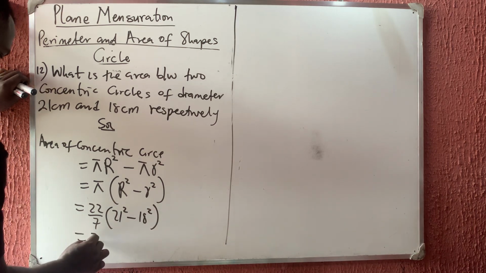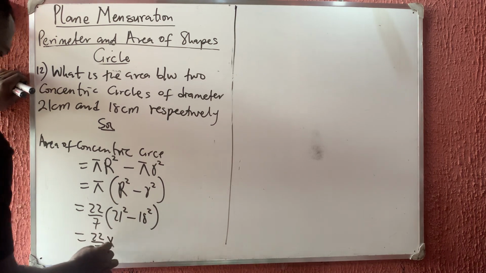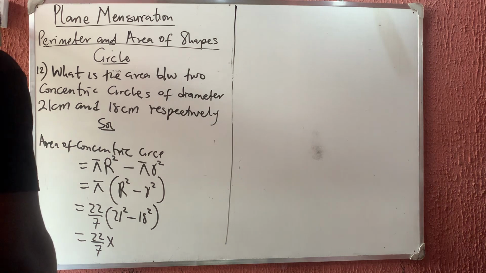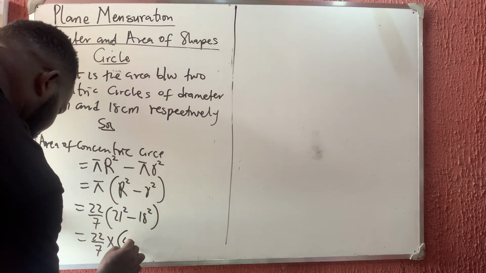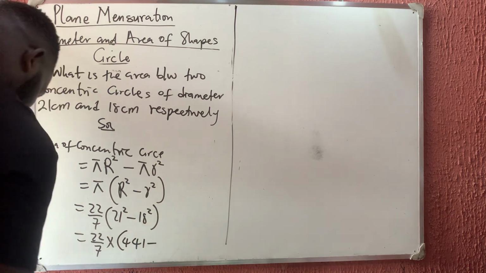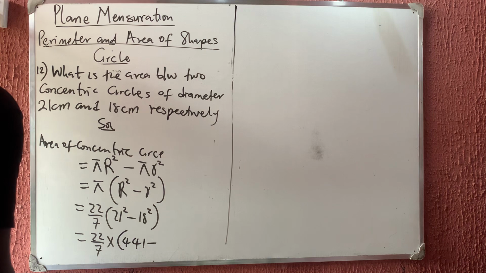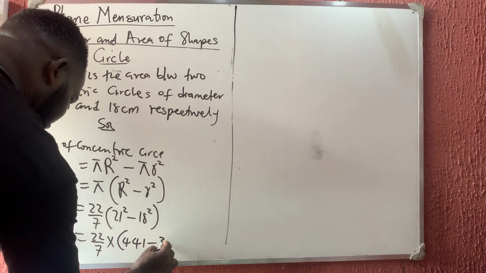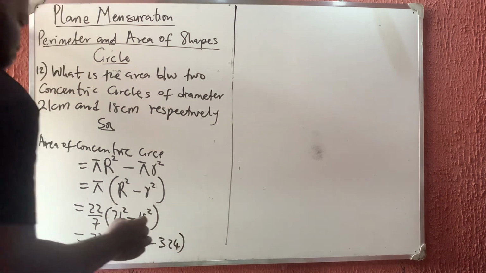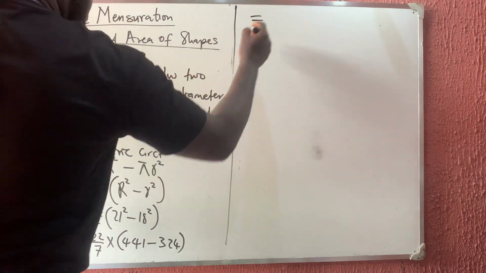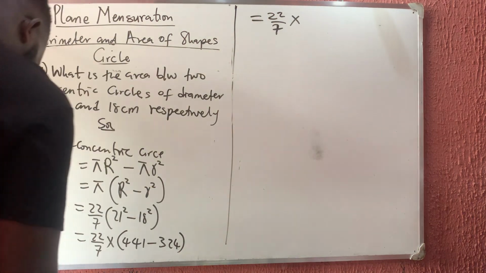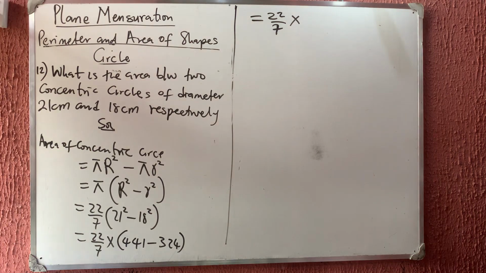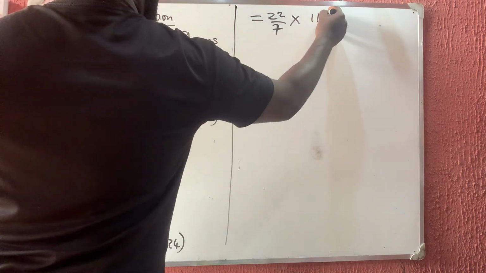So we have 22/7 times 21 squared, which is 441, minus 18 squared, which is 324. So I'm having the area as 22/7 times, let's subtract, 441 minus 324. So I'm having 117.